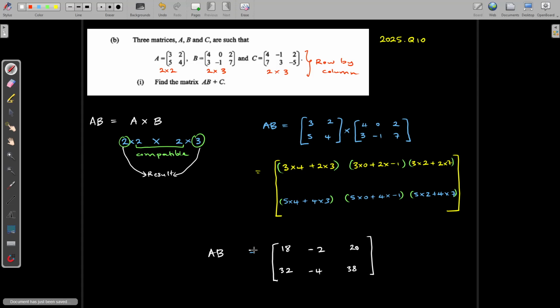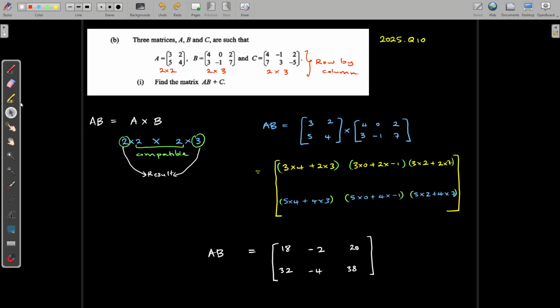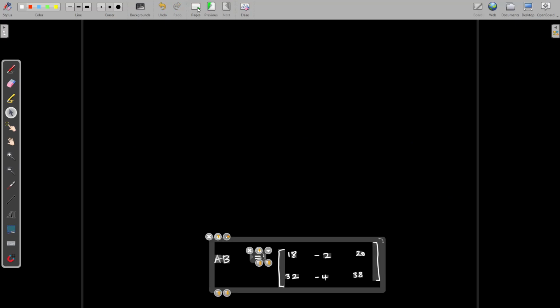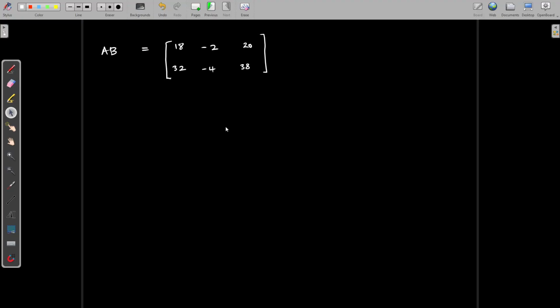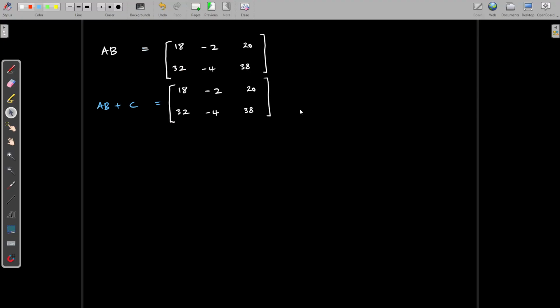But we aren't finished because they said they want AB plus C. So to this answer, we're going to add C. So if that's AB, and they said that we should add, so AB plus C. That's going to be equal to all of this plus whatever C is.